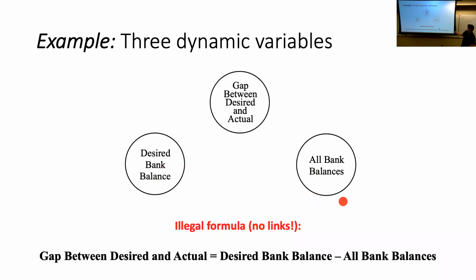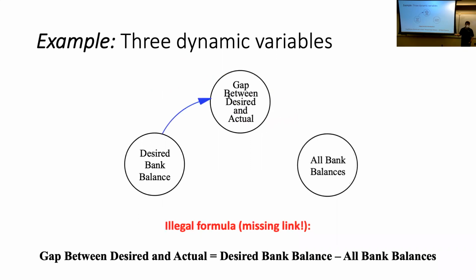If I just put that formula in there right now and hit play in Vensim, it would give me an error, because there are no links drawn in here. This variable only gets access to other variables that are linked to it. So I have to first draw a link, and that will allow me to use desired bank balance up here.